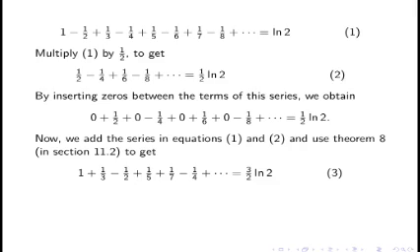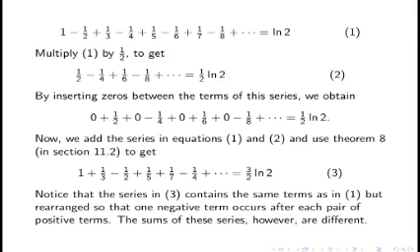And so I'm using all the terms on the left for both equations. On the right hand side I get ln 2 times 3 over 2, because it's 1.5 of ln 2. And so now I get 1 plus a third minus a half plus a fifth plus minus and so on, equal to 3 over 2 times ln 2.